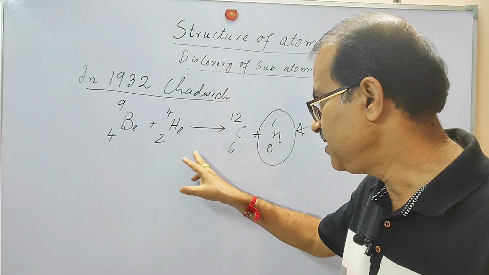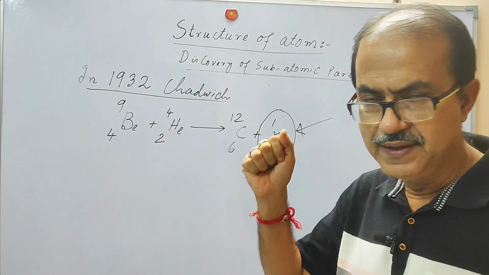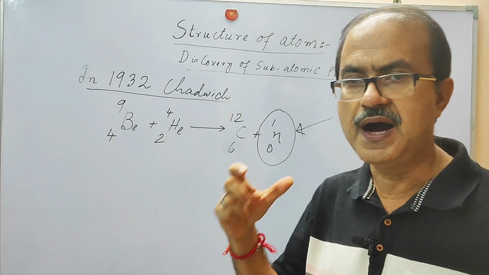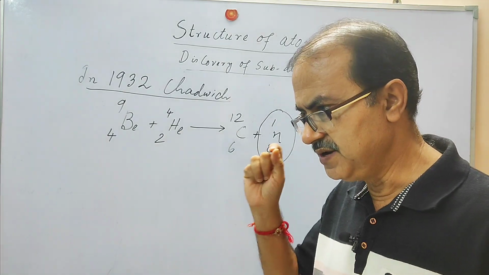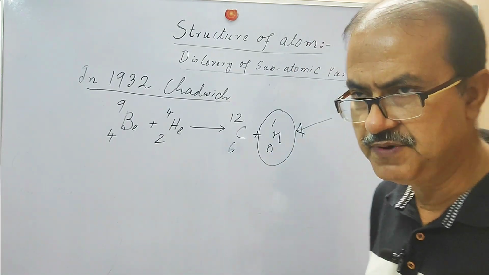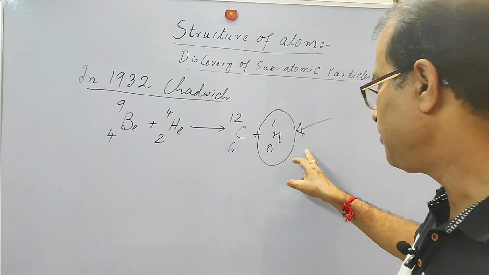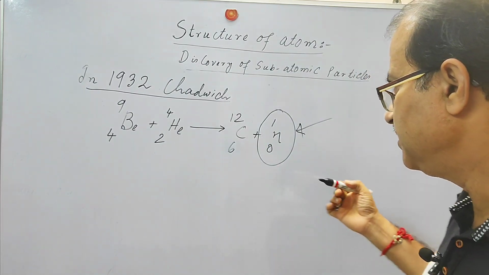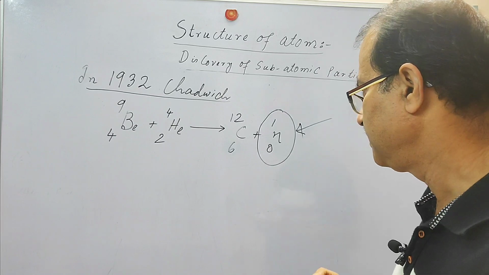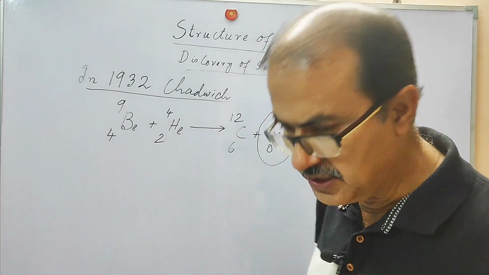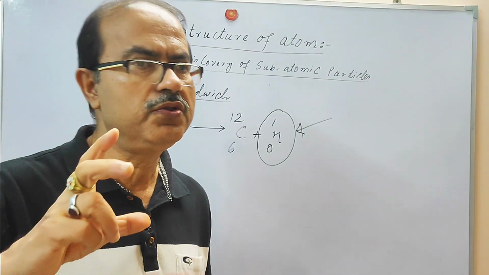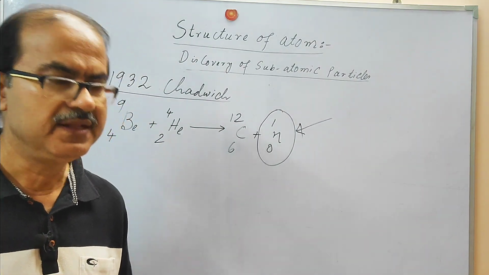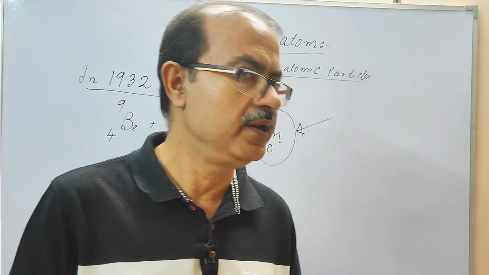So when high speed helium hits the thin beryllium plate, it produces a ray which is called neutrons. In 1932 scientists discovered it. So that is all about the discovery of the subatomic particles: electron, proton and neutron.